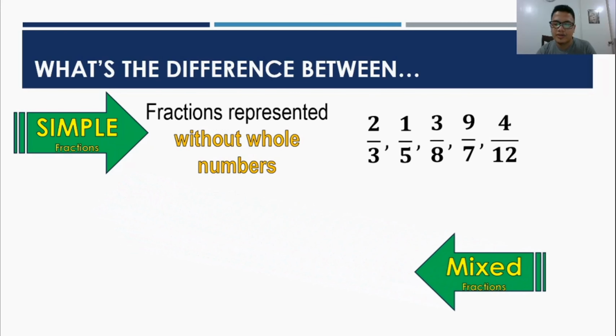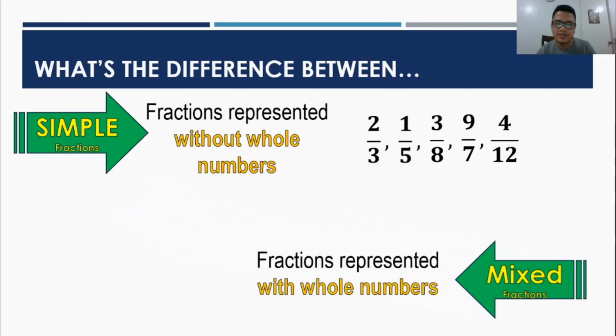Next, we have also the mixed fractions. So fractions represented with whole numbers. Paano natin malalaman na may whole number? So there is a big number before the fraction. So let's take a look. For example, 1 and 1/2.